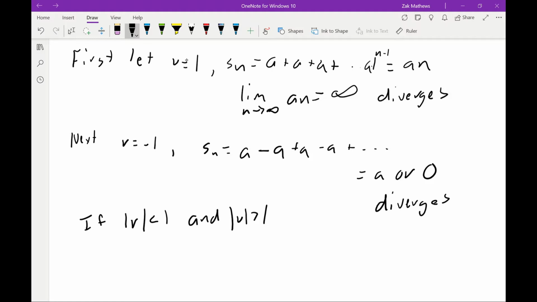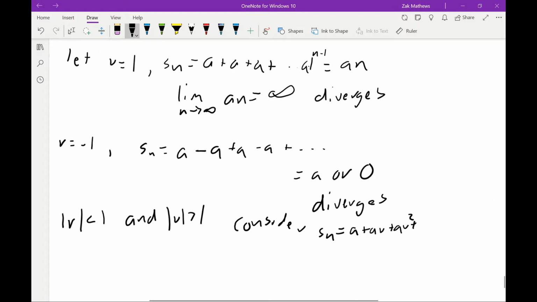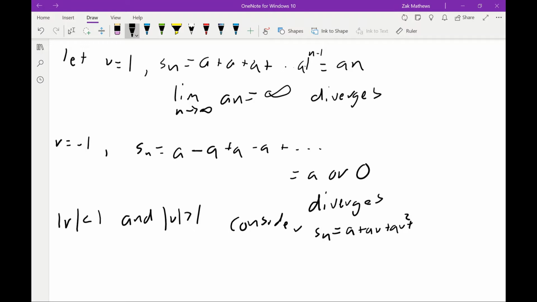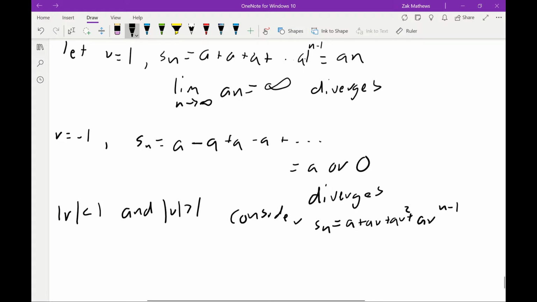So for this, let's consider our sequence of partial sums, a plus ar plus ar squared plus, let me scoot over a little bit, all the way up to ar to the n minus 1. Let's multiply both sides by r.